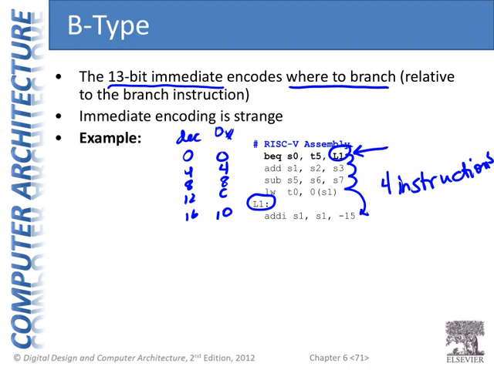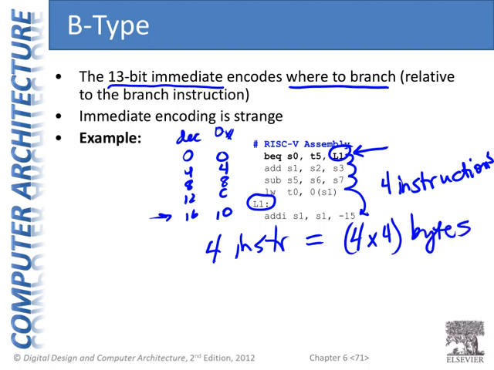And so we want to encode the number of instructions past the branch if equal. In this case, the number of bytes is 16, so 4 instructions in memory. That's going to be 4 times 4 bytes past the branch if equal instruction. And we want to write that using 13 bits.